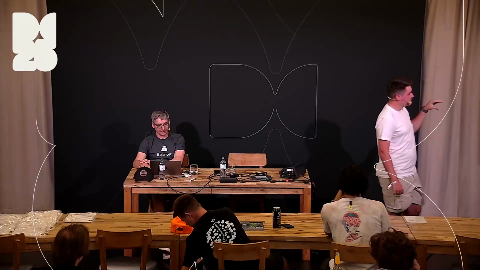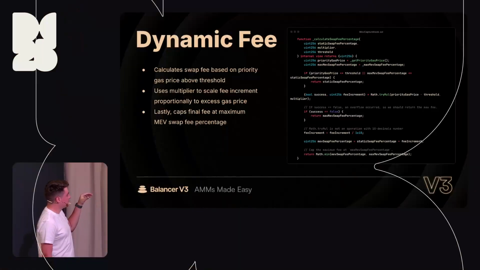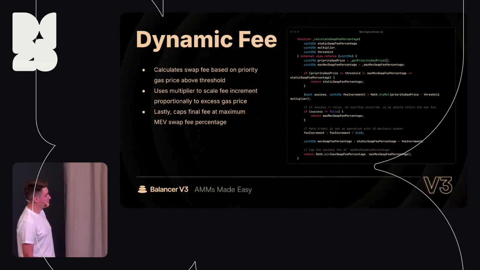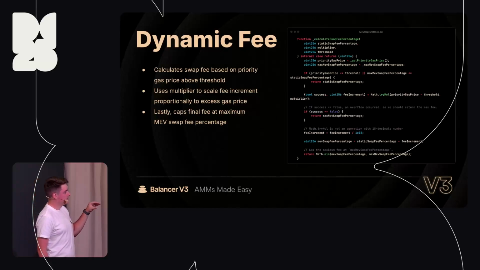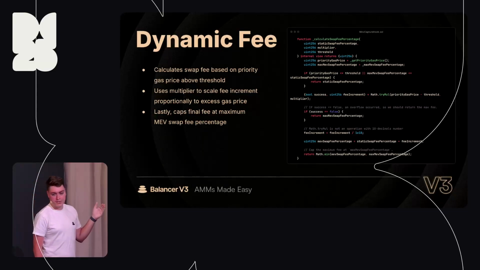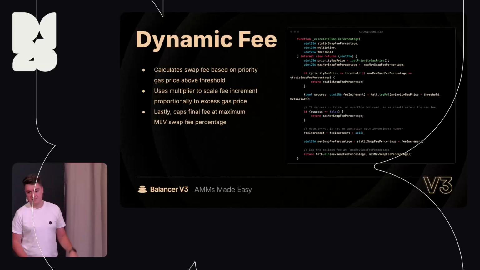That's the beginning of the dynamic fee calculation. And then we go to the function itself, the function that's called by the hook. That's the calculate swap fee percentage function. The first thing it does is get the priority fee gas price, as I showed you guys. If it's below the threshold, we just return the static swap fee.